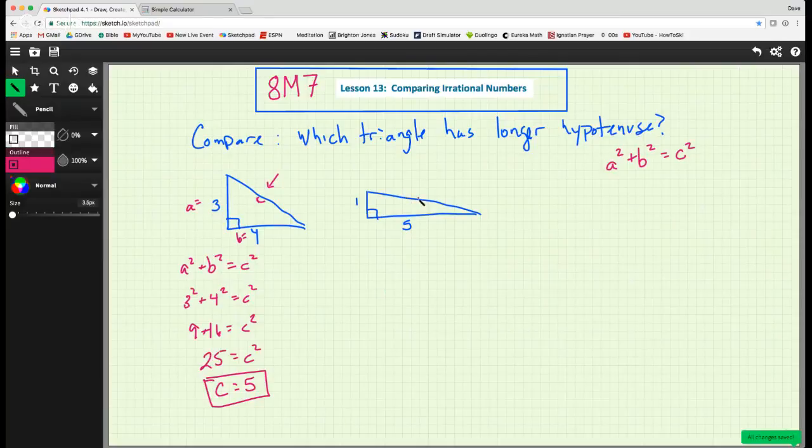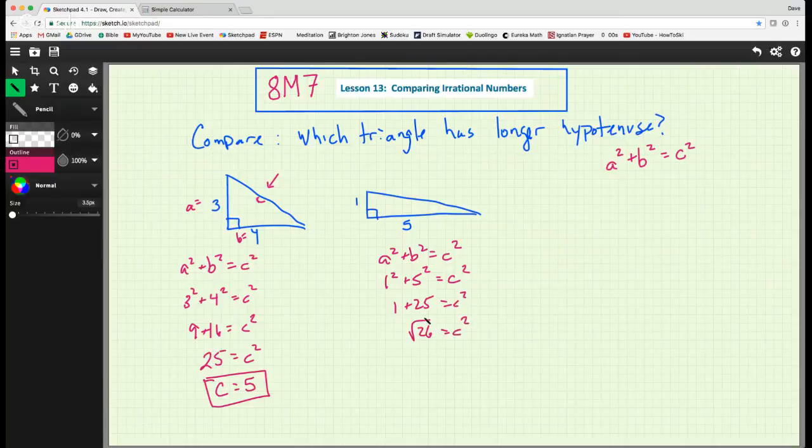Over here, I get a squared plus b squared equals c squared. And so I get 1 squared plus 5 squared equals c squared. So 1 plus 25 equals c squared. So c is the square root of 26.